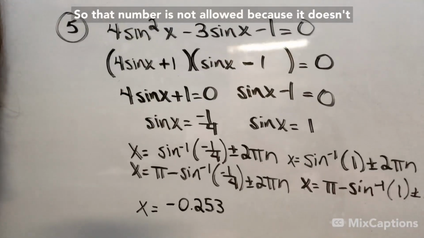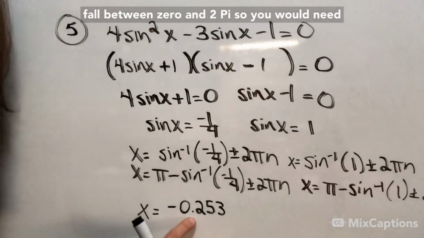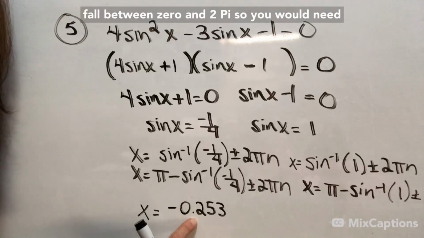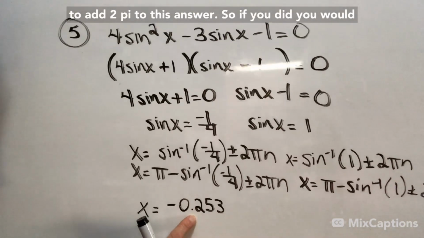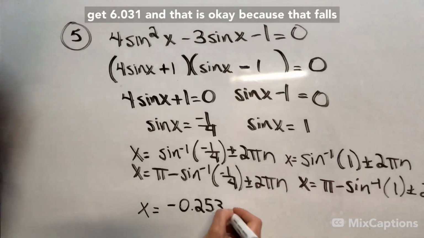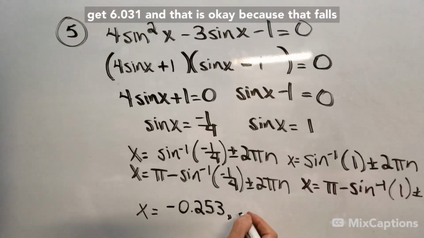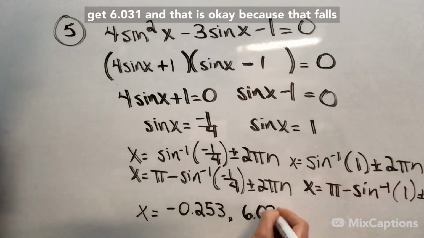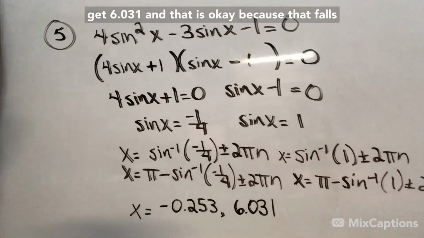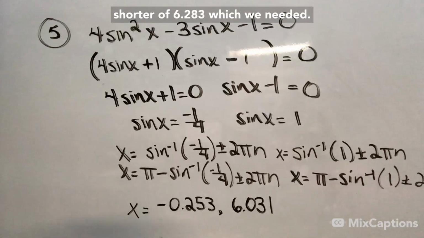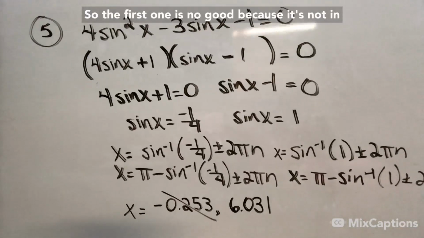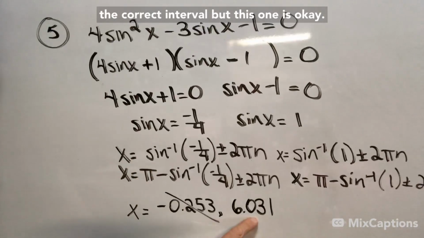So that number is not allowed because it doesn't fall between 0 and 2 pi. So you would need to add 2 pi to this answer. So if you did, you would get 6.031. And that is okay because that falls shorter of 6.283, which we needed. So the first one is no good because it's not in the correct interval, but this one is okay.